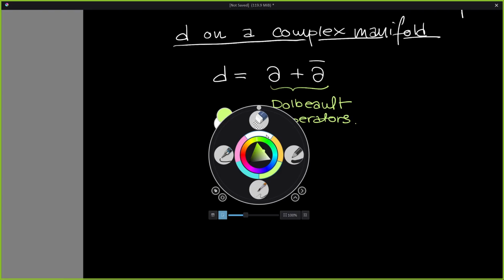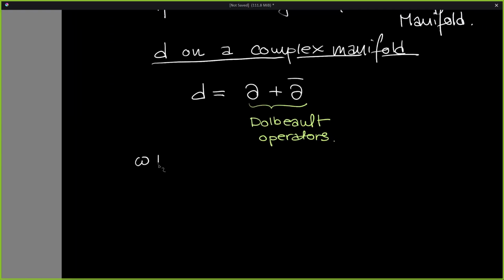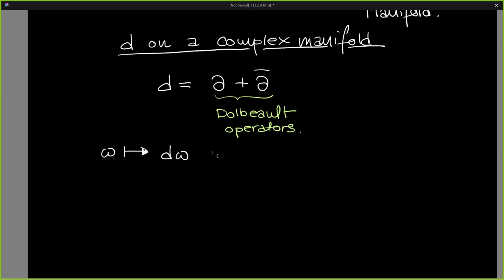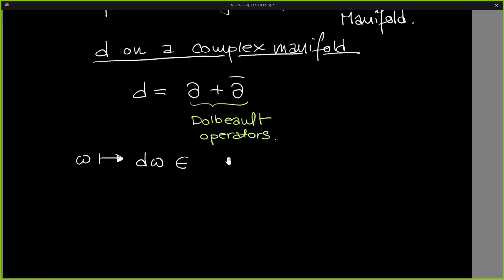And that comes from the idea that when we carry out this process on a complex manifold, what we get is that d omega is an element of omega p plus 1 q plus omega p q plus 1, and nothing else.